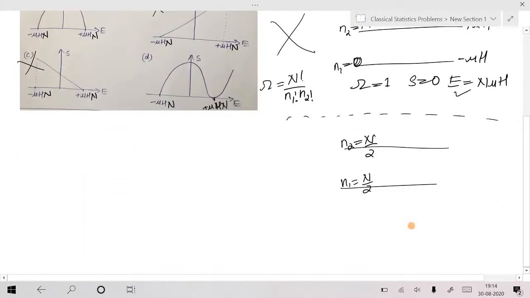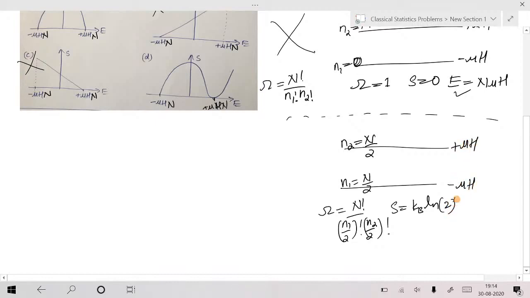The maximum entropy can happen in this situation. Since n is very large, you can write this as n factorial divided by n1 by 2 factorial times n2 by 2 factorial, but you can use Stirling's approximation to write entropy as kB log of the number of levels, minus mu h and plus mu h, so 2 to the power n.